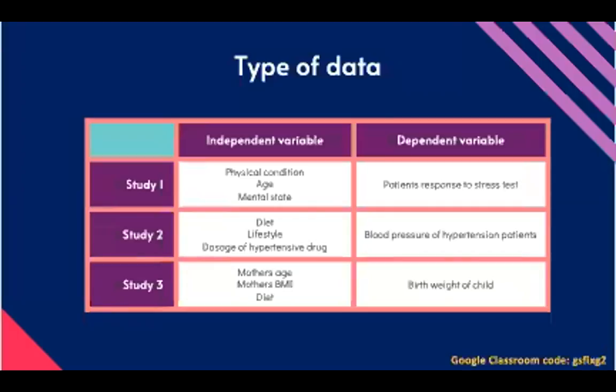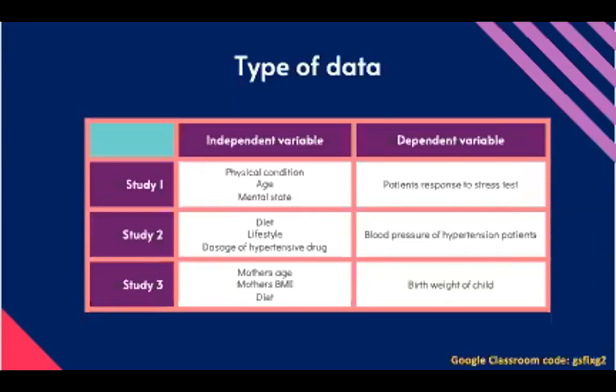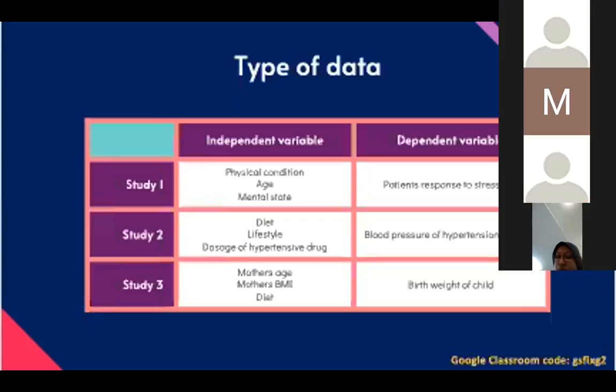So for those who are yet to have a proposal or in the midst of preparing your proposal, you should identify these variables so that you would have an impactful and sensible objective for your study. And it will be a much clearer experience later on when you have already identified your dependent and independent variables earlier.